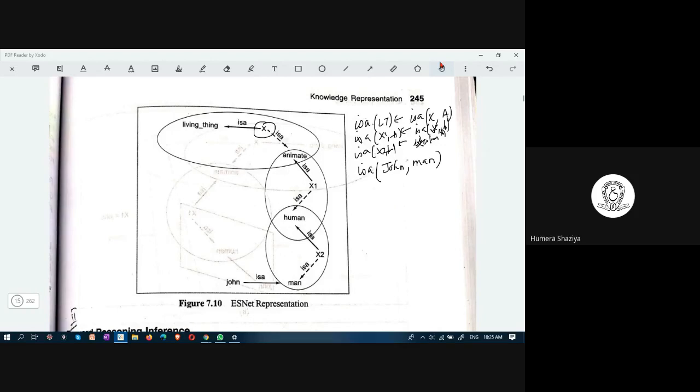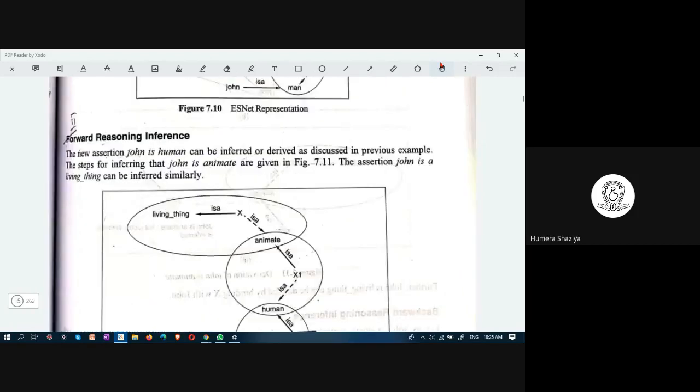It says, John is a man. All right. Is this clear? This is the ESNet representation from this set of clauses or clausal representation.